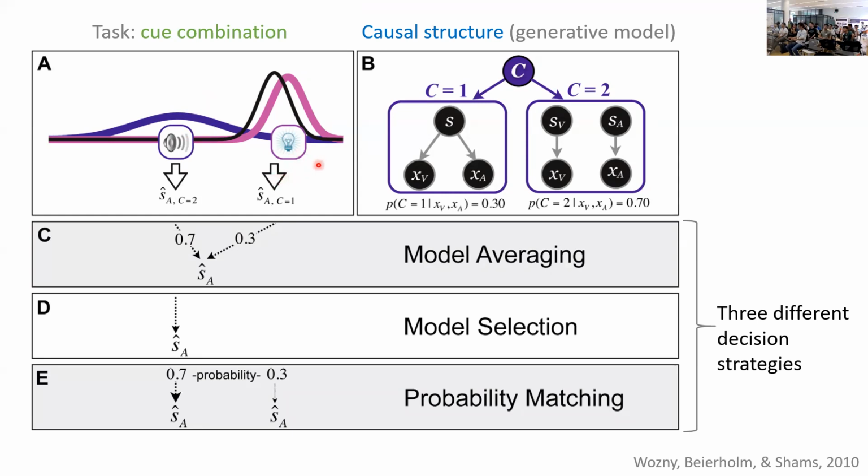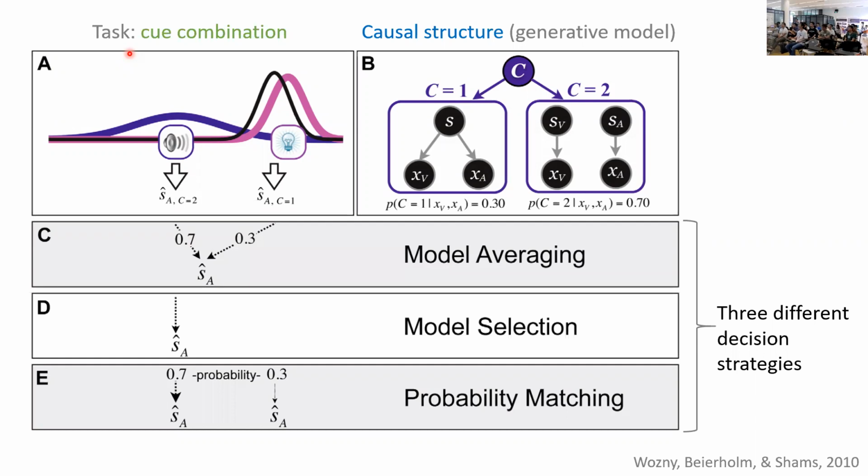Their hypothesis is, we know that when something is uncertain, like when you have a noisy stimulus, you try to combine information from other channels to get an even better estimate, like in this case, the location of this stimulus.